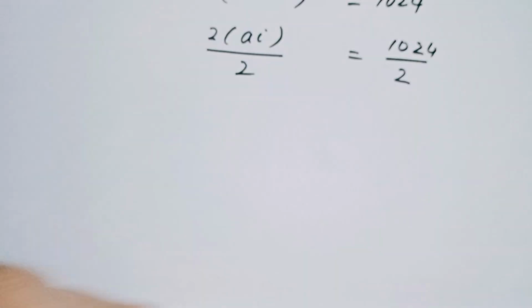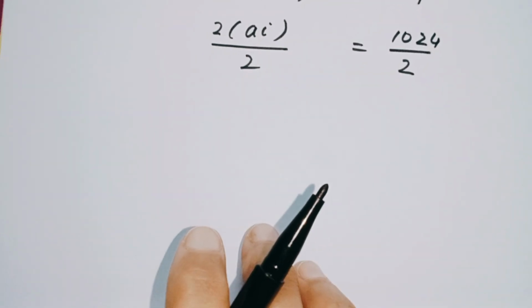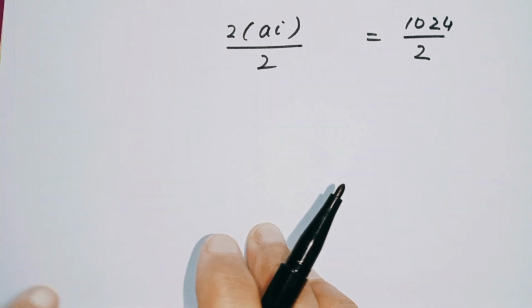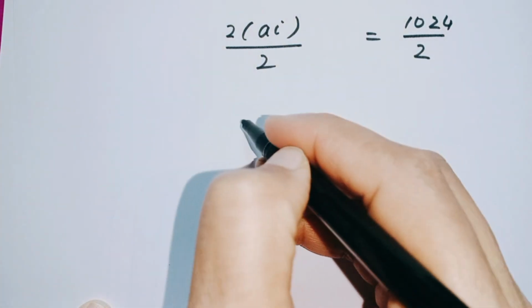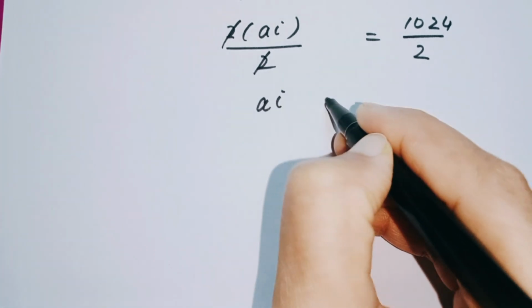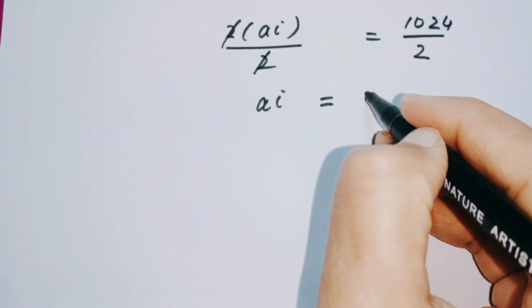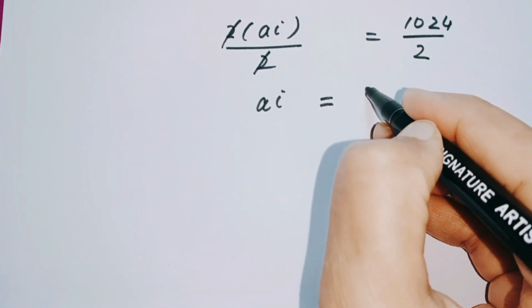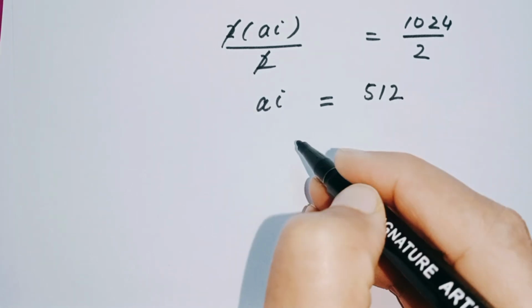So here 2 will cancel out with 2. We are left with ai, and here we will get 512.